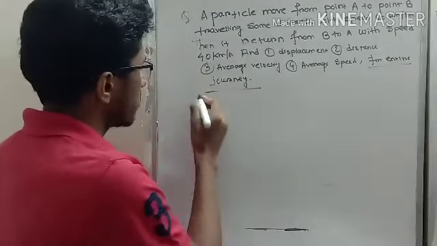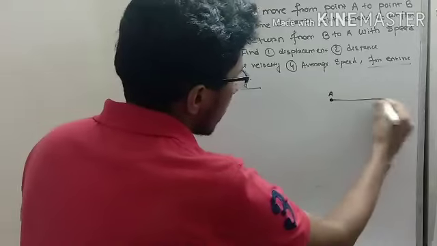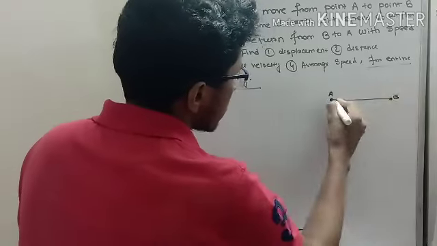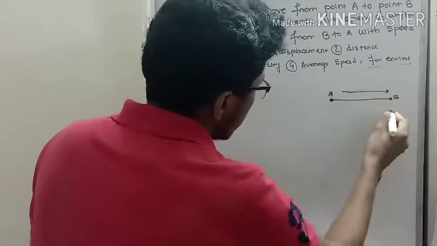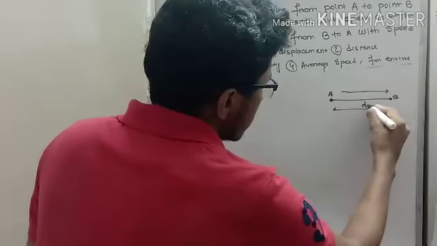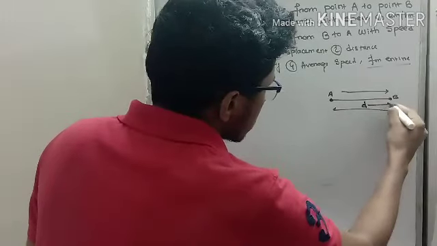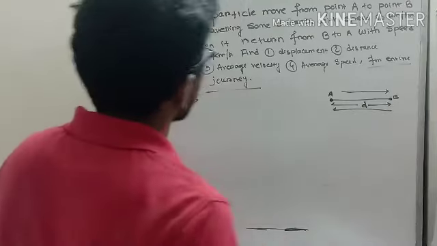Okay, let's start. A body moved from A to B. Say this point is A and this is B. First the body moved from A to B, and then it returned from B to A. So the length of AB is D.